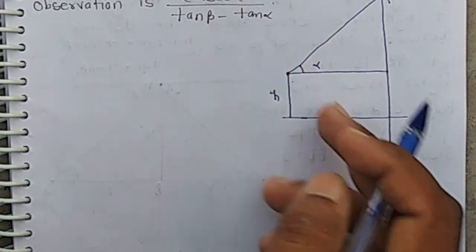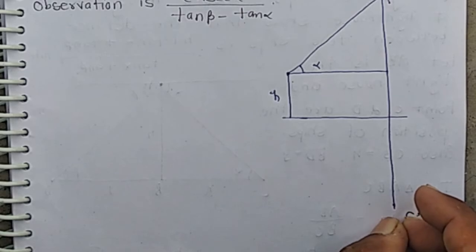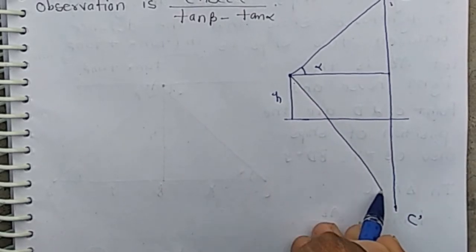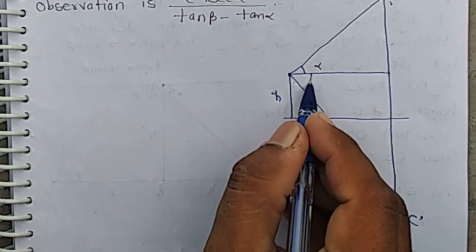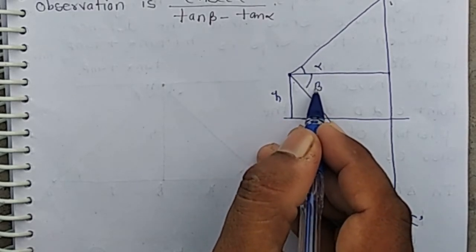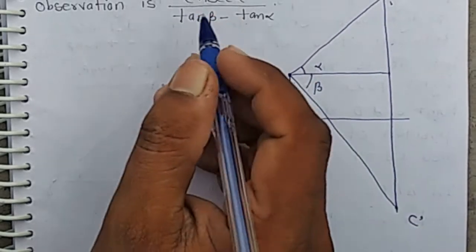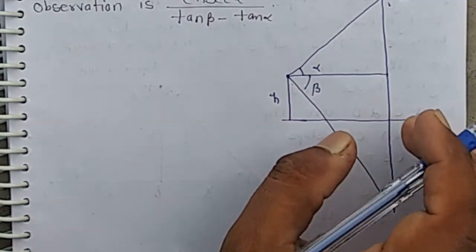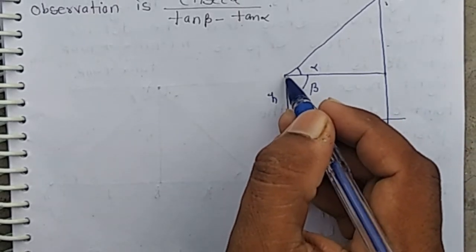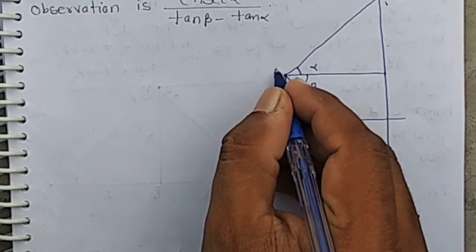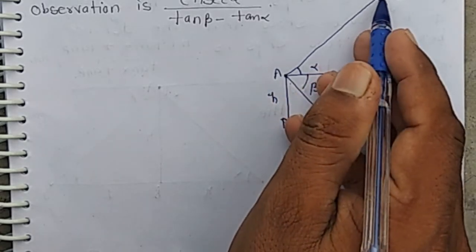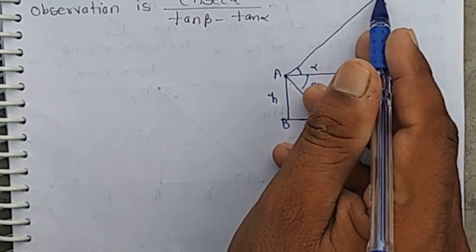And the angle of depression of the reflection of the cloud in the lake is beta. This is beta. Prove that the distance of the cloud from the point of observation. The point of observation is this, and the distance of the cloud is C, means we have to find AC.